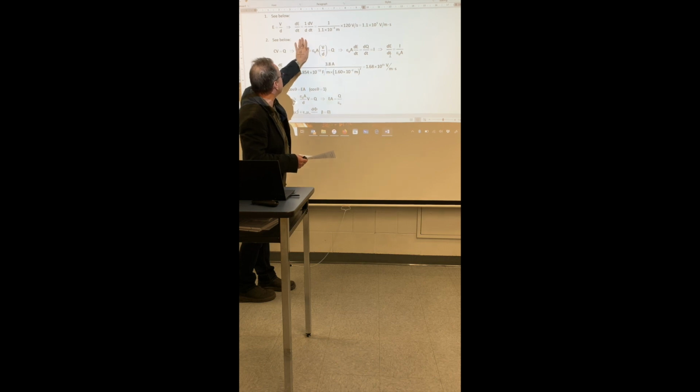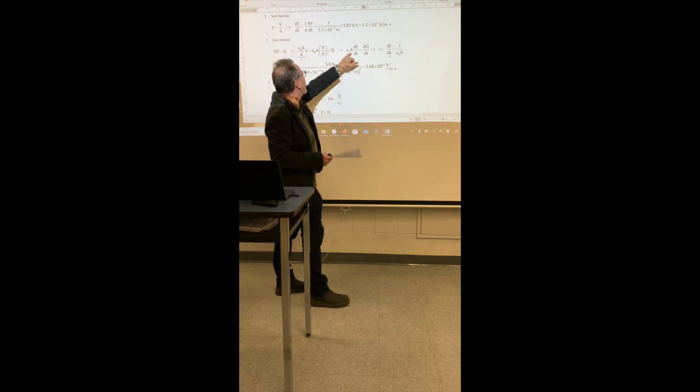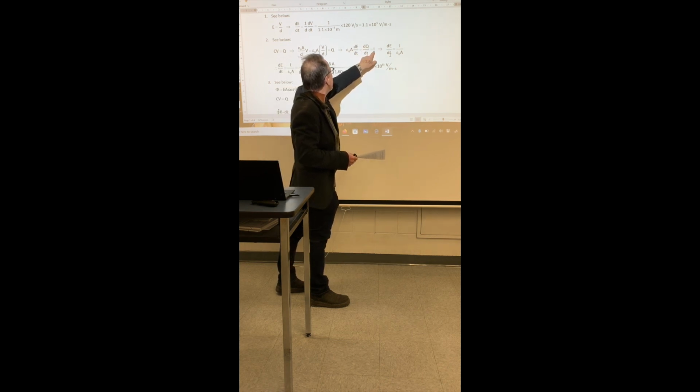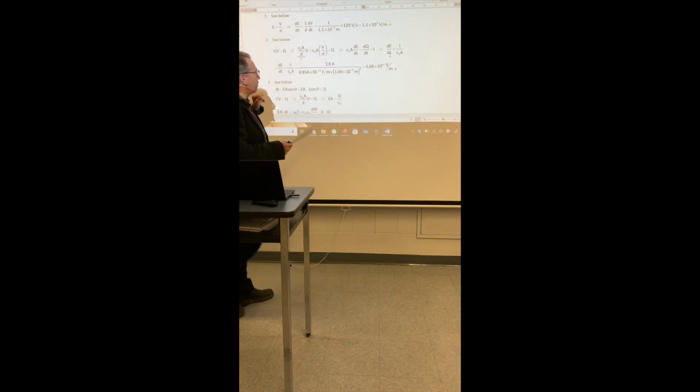So I can write epsilon 0 A E equals Q. If I differentiate both sides of that equation, I've got my constants epsilon 0 A, dE/dt equals dQ/dt, which is I, and then I've got dE/dt is I over epsilon 0 A, and I think that's what I want, isn't it?